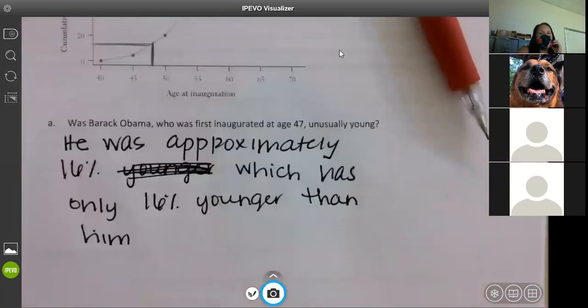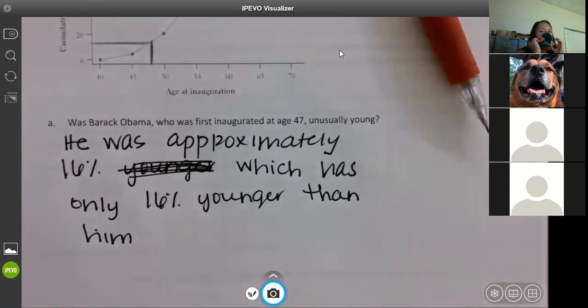So does that mean that he was relatively young or not? Yes or no? Yeah, absolutely. Only 16%. So he's like in the 16th percentile. That means he's in the low end.